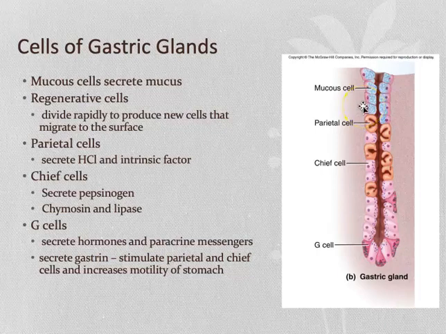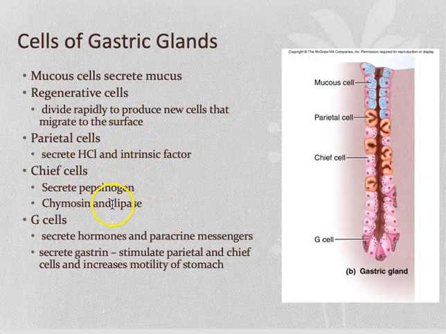Two of the main cells that are producing digestive enzymes are the parietal cells and then the chief cells. The parietal cells secrete hydrochloric acid, as well as something called intrinsic factor. The chief cells secrete pepsinogen, chymosin, and lipase. We'll talk a little bit more about these in a slide or two.